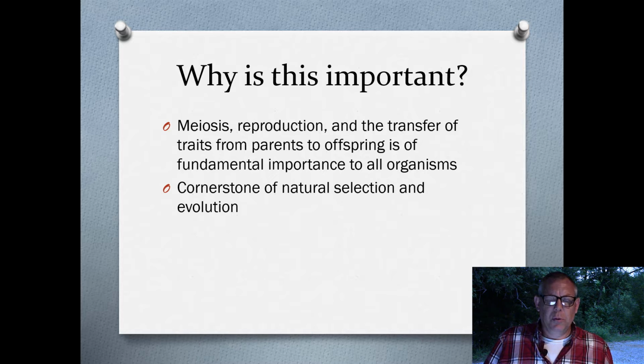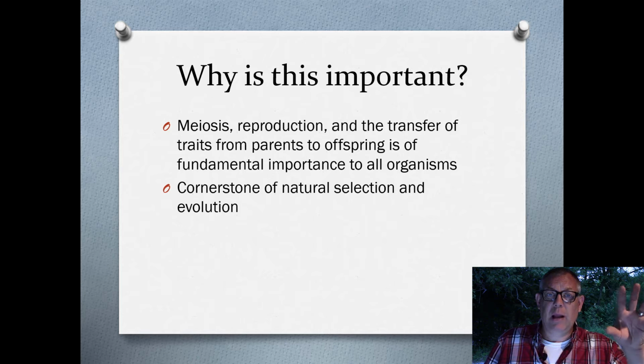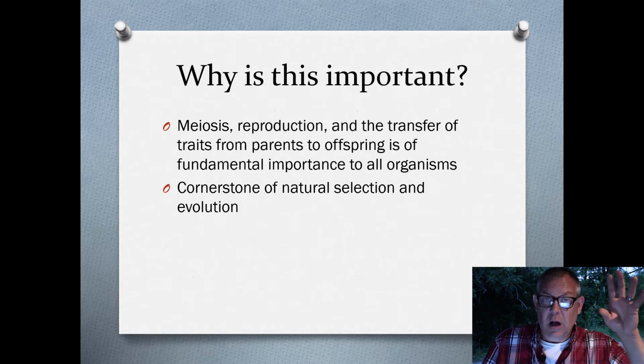So why is this important? We've already talked about meiosis and genetics, and that's tightly tied to reproduction, obviously. Passing traits from parents to offspring, that's the cornerstone of evolution and natural selection, right?